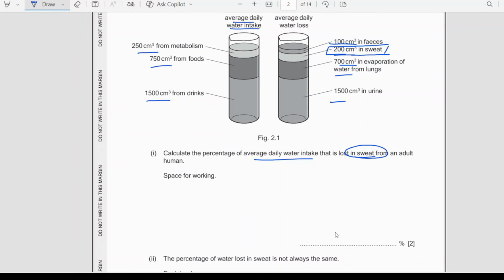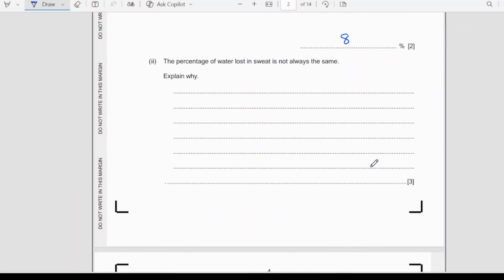So 8. Correct. So it would be 8%. And if they ask you to give some working, you need to give the working. This point is missed by many students. They just directly do it. But you need to give the working part as well.